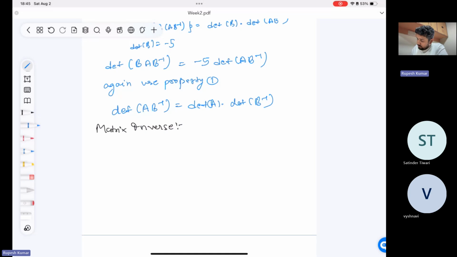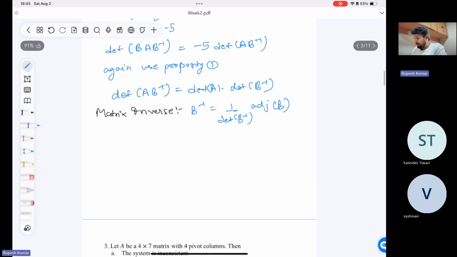So we know that B inverse equals 1 by determinant of B inverse into adjugate of matrix B. You all know this.